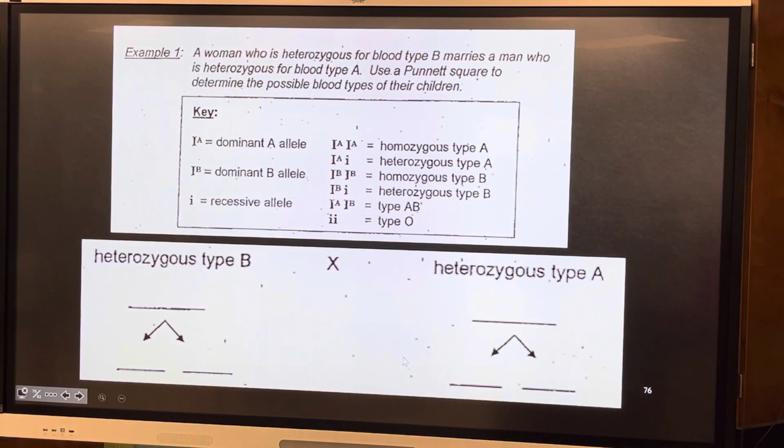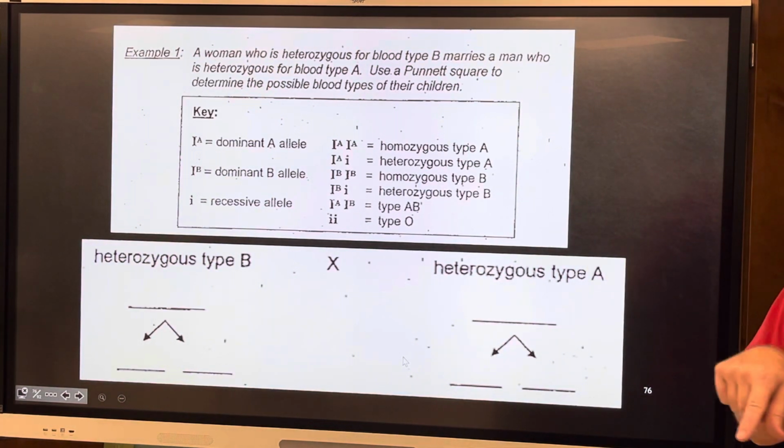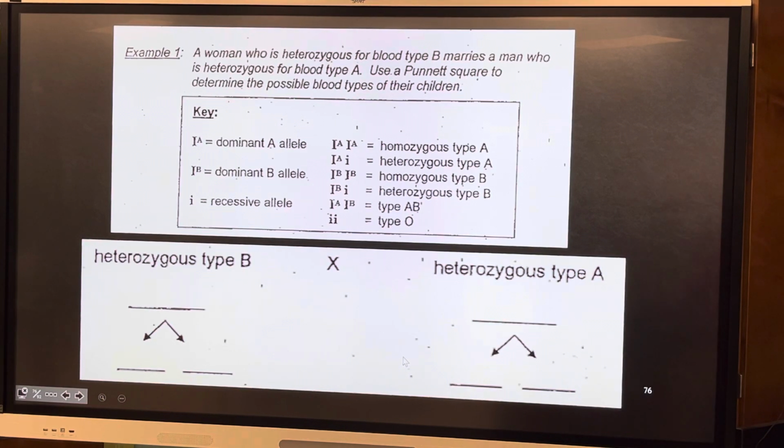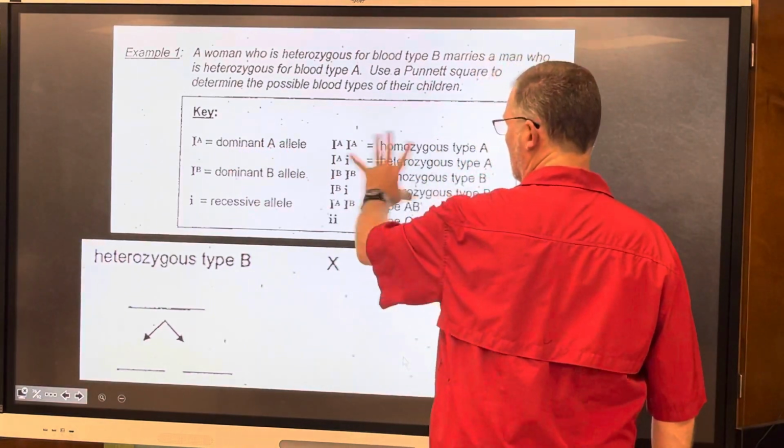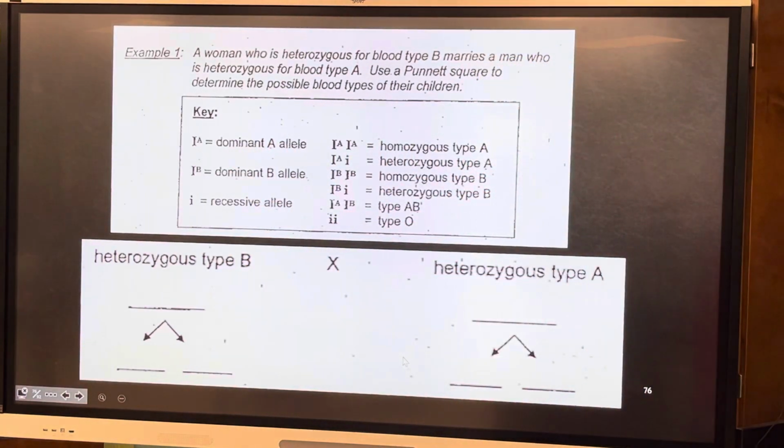Okay, so here's an example. It's in your notes. A woman who is heterozygous for blood type B marries a man who is heterozygous for blood type A. Using a Punnett square to determine the possible blood types of their children. Remember, step 1 was to have a key, so that key will typically be given to you.